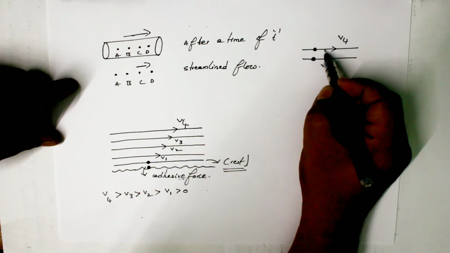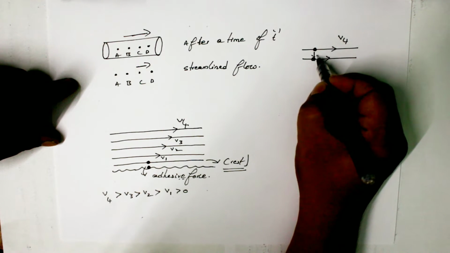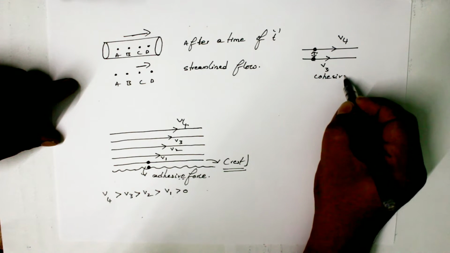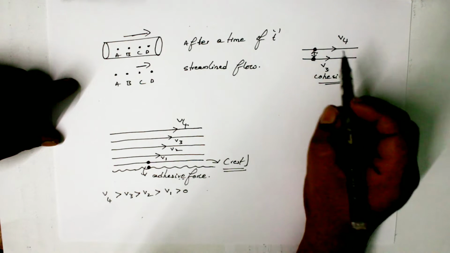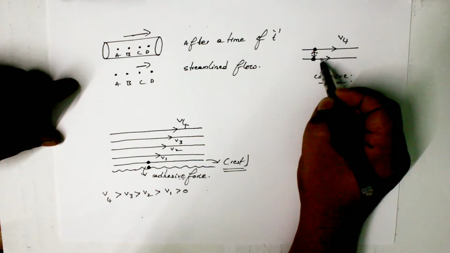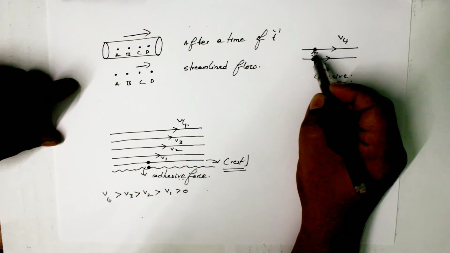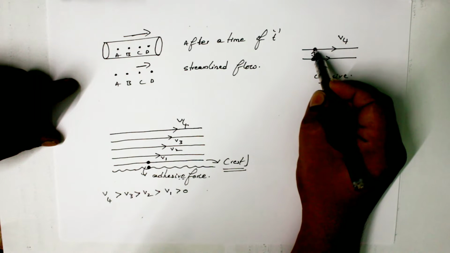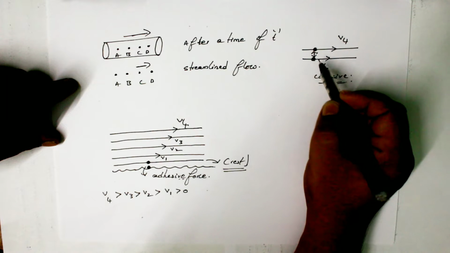Now if this molecule is moving with a greater velocity and cohesive forces are present between these two molecules, then as the topmost layer tries to move with a greater velocity, this molecule also tries to pull the molecule below this one.